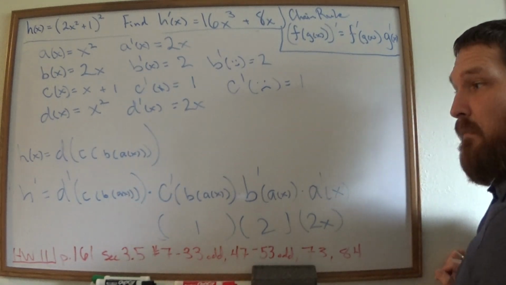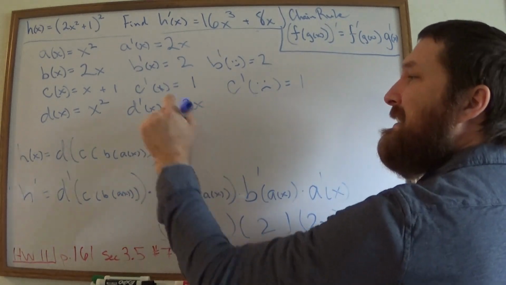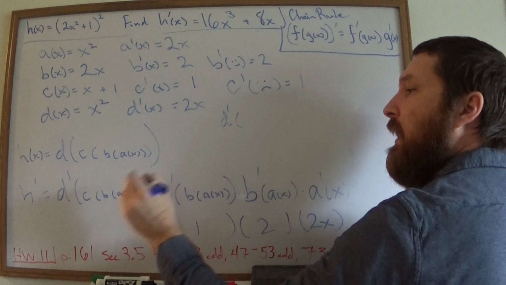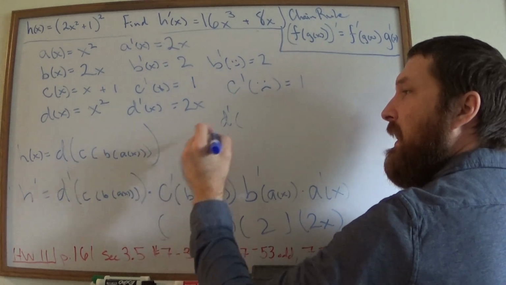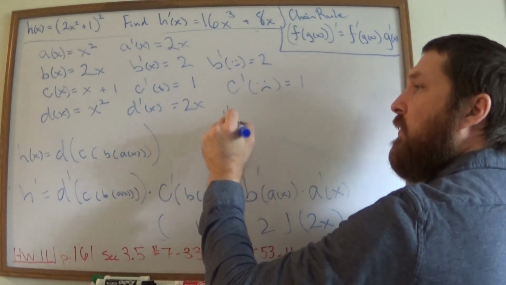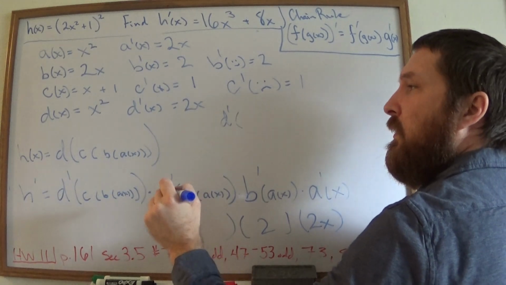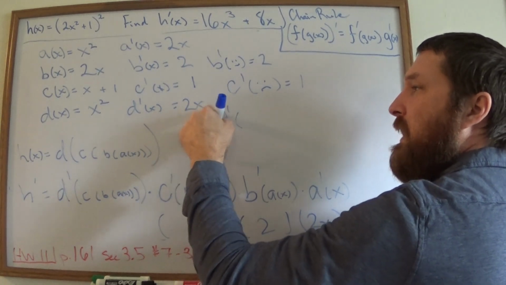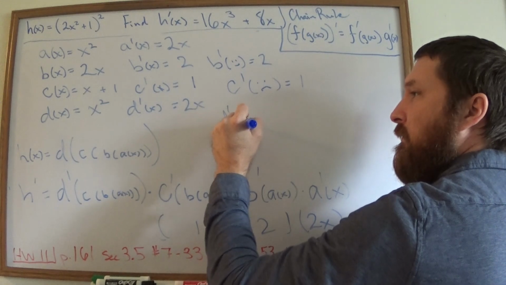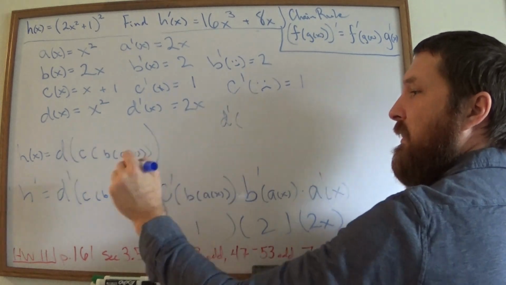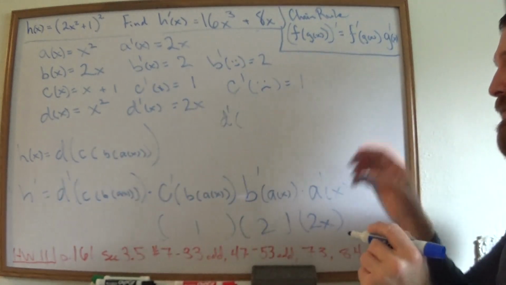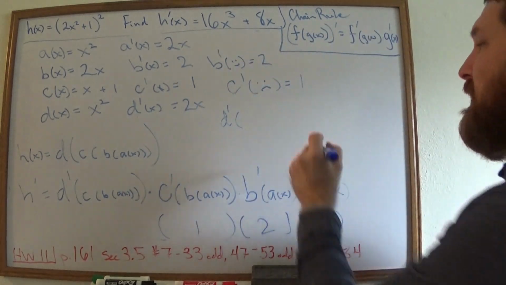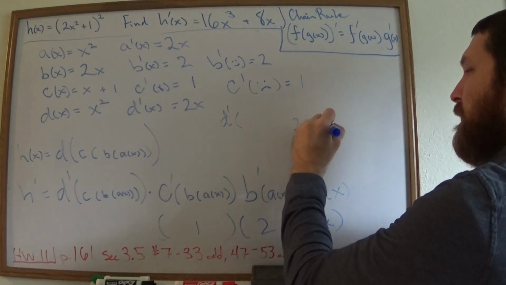It's still just 1. What is D prime of CBAX? So 2x times 1. Wait, no. 2 times whatever's in there. So of CBA, the composition A of C of B would be 2x squared plus 1.